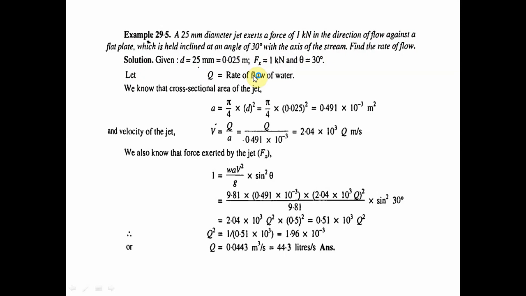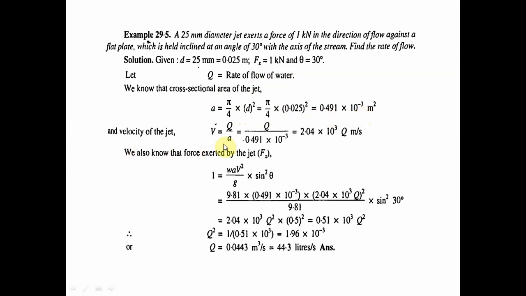So let Q is equal to rate of flow of water. We also know that cross section area of jet is equal to A is equal to pi by 4 into d square, that is pi by 4 into 0.005 the whole square, that is equal to 0.491 into 10 raised to minus 3 square meters.